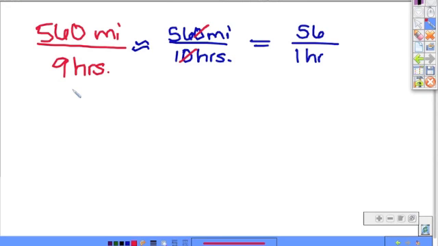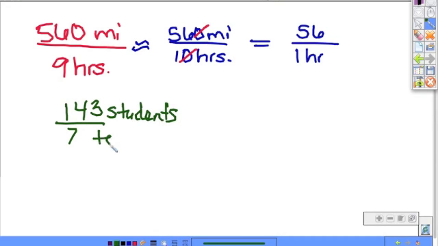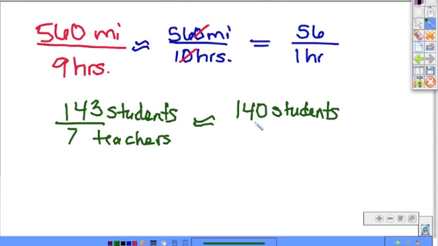All right, let's look at another one where you can estimate, just to give you an idea. So if you have a ratio that you cannot reduce down into 1, go ahead and just bump it up. So this is 143 students to 7 teachers. Okay, so that's basically 140 students, rounding this down, to 7 teachers.